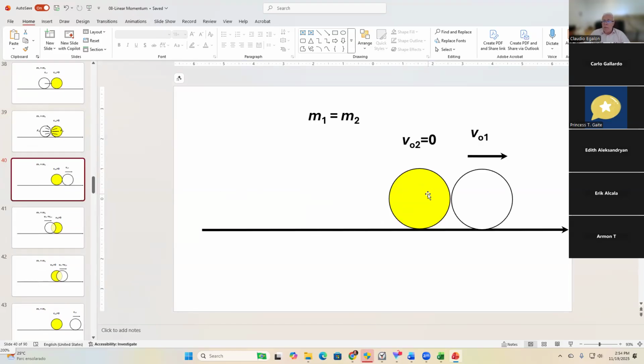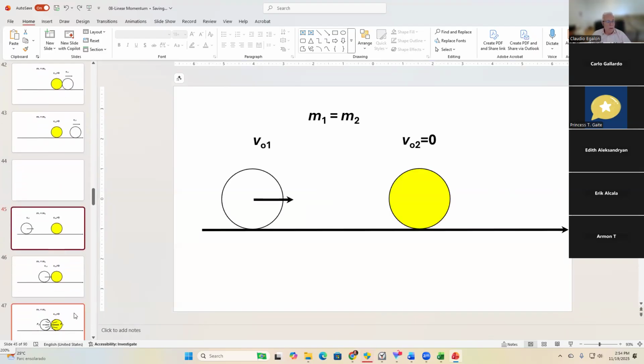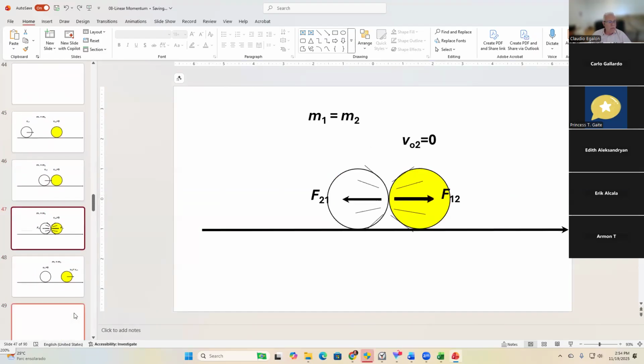The first object comes to a full stop because of this force, F2 on 1, that's to the left.